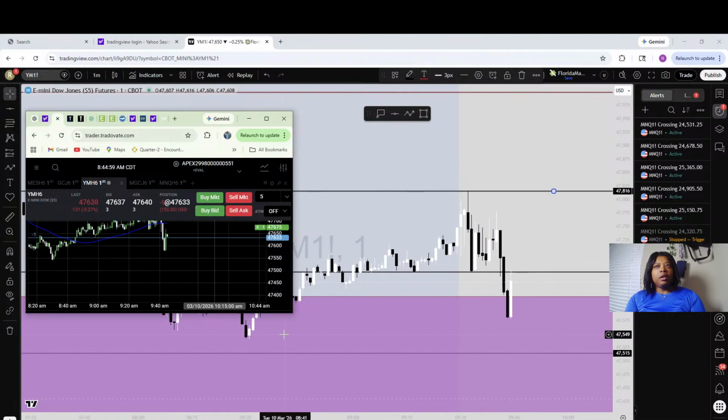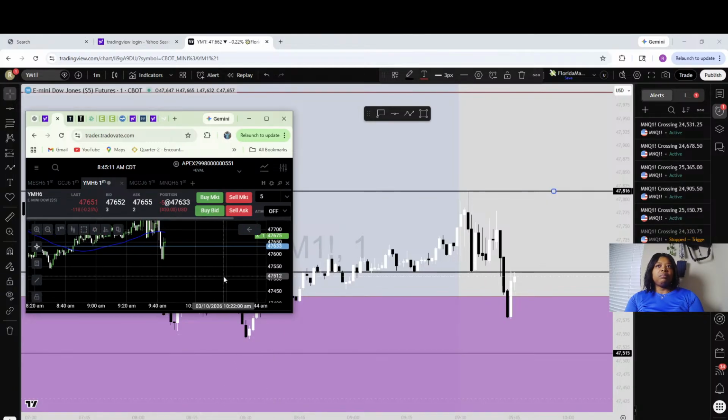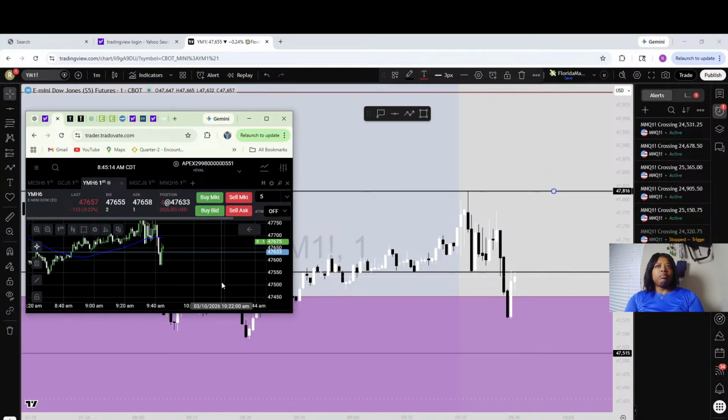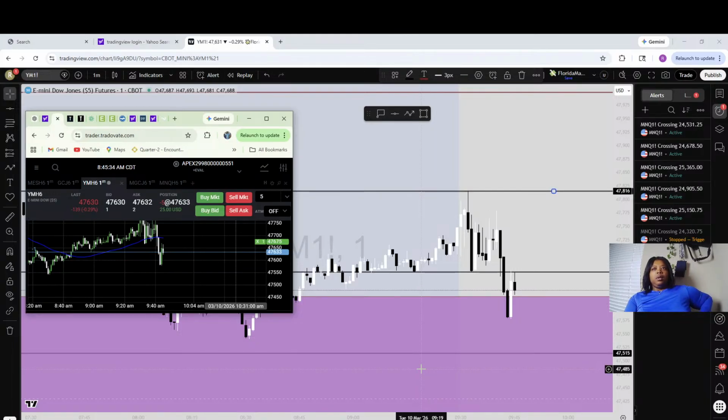There was a demand zone right here that I should have followed. I should have come out at the demand zone. I was expecting it that it's going to come down and break this and come to this area right here, but I should have anticipated that it's coming back down.